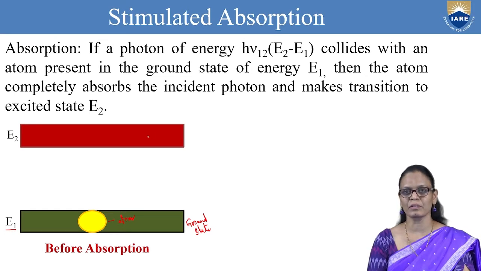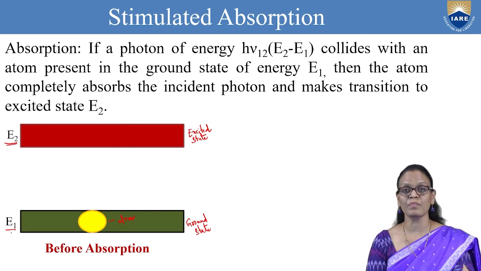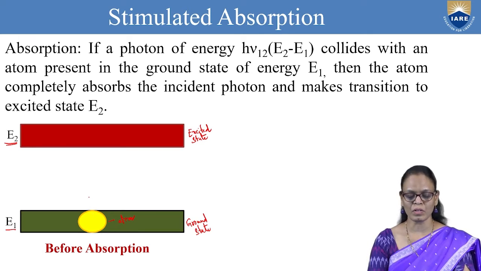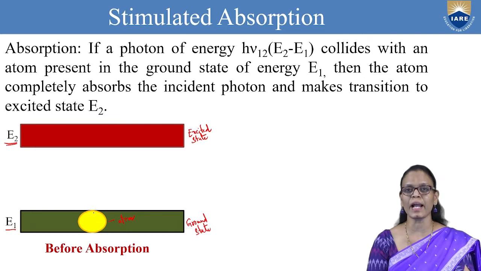And this red block denotes the excited state, whose energy is denoted by E2. The atom which is present in the ground state cannot go to the excited state on its own. We need to supply energy at least equal to the difference in energy between the two levels, E2 and E1. Only then can the atom make a transition to the excited state.